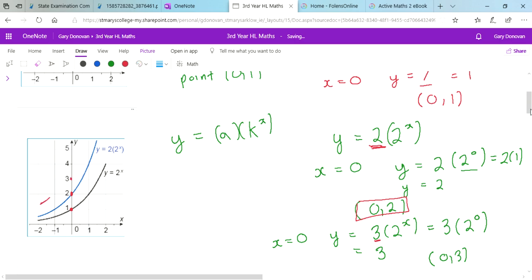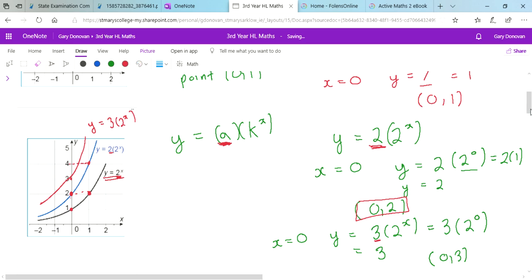What you notice is that every value is being multiplied by whatever number is in front of it. For example, in the first function y equals 2 to the power of x, when x equals 1, y equals 2. But if we put a 2 in front of that 2 to the power of x, this output value, this 2, gets multiplied by 2 and becomes 4.